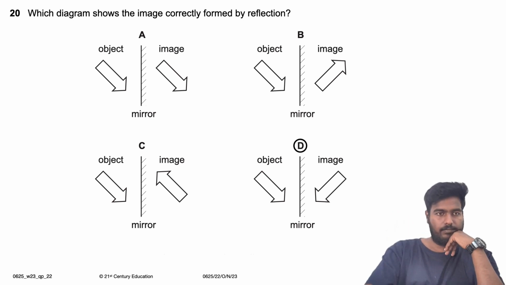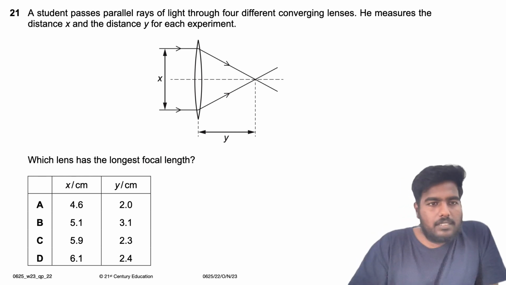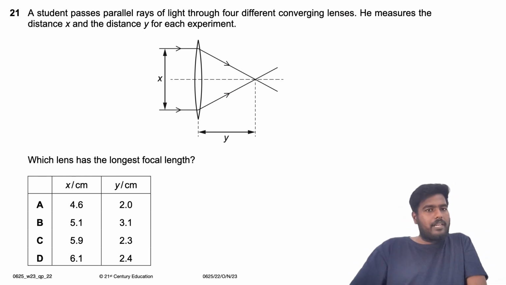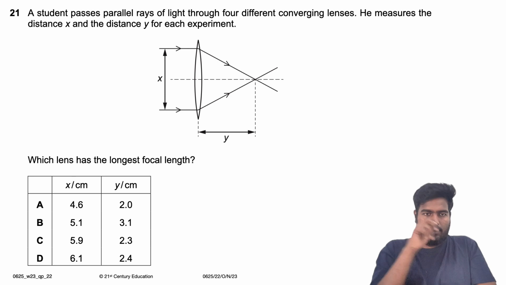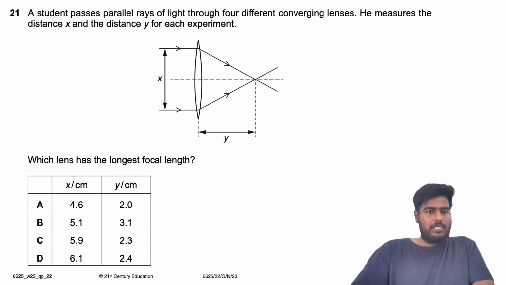A student passes parallel rays of light through 4 different converging lenses. He measures the distances x and y. So x is the lens height, and y is the distance between the lens and the focus point. Which lens has the longest focal length?